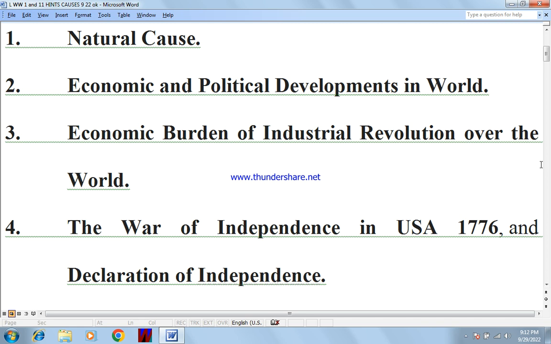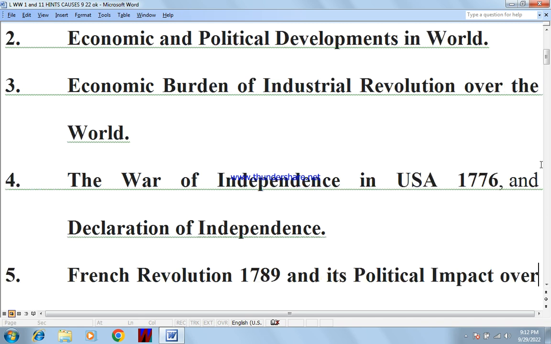Number two, economic and political developments in the world. Number three, the economic burden of the industrial revolution over the people of the world.